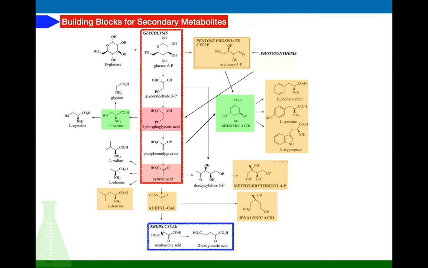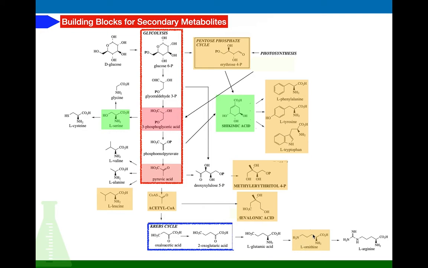And in the Krebs cycle, when it takes part and combines with oxaloacetic acid to give 2-oxoglutaric acid, that is converted to glutamic acid by a specific chemical reaction that we call transamination. This glutamic acid is further converted to another amino acid, ornithine.